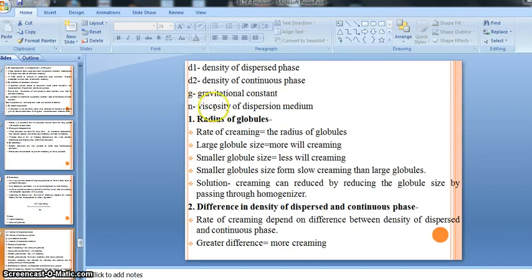Then small n is the viscosity of the dispersion media, meaning our continuous phase, whether it is oil or water, depending on what kind of preparation we have to prepare. So as I said, viscosity plays an important role, right? You all know.